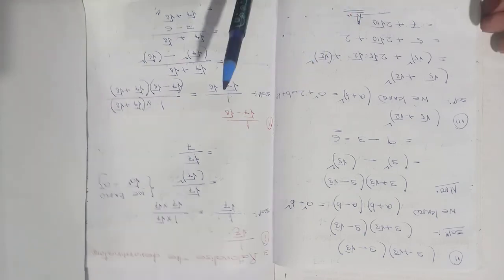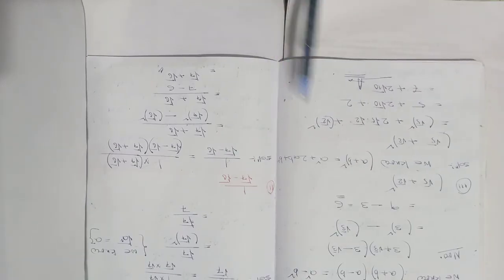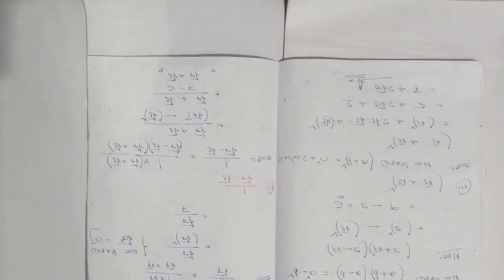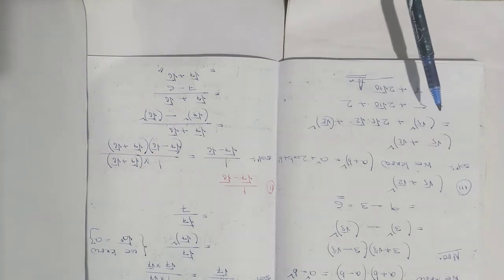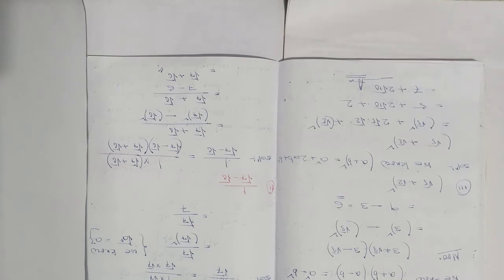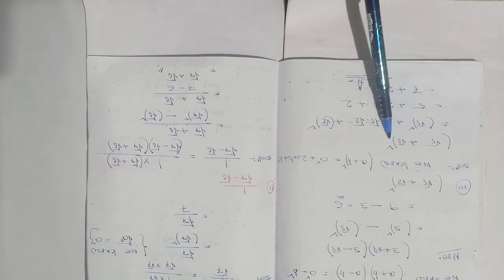Next one is root 5 plus root 2 whole square. Students, we know one formula, a plus b whole square, which is a square plus twice ab plus b square, right? Now if we use this formula, root 5 is considered as a and root 2 is considered as b.